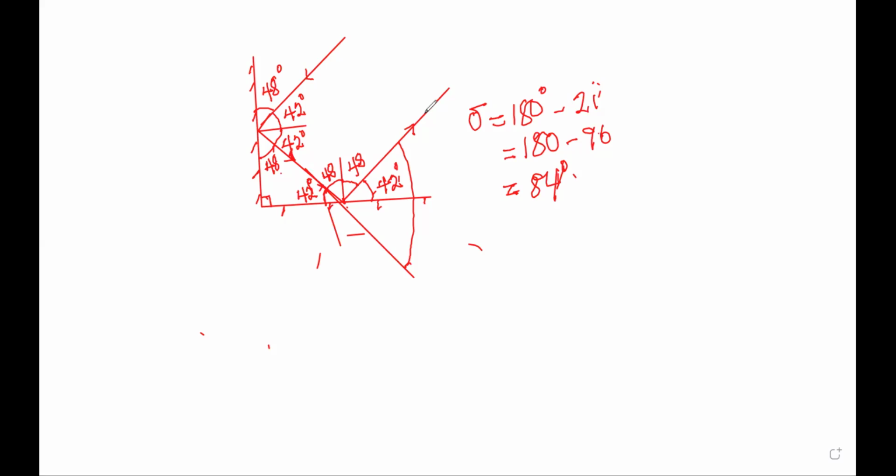Determine the image position, the nature of the image, the magnification, and the height of the image if the object is 30 centimeter in height. Start work. This will be 8 minutes. It's 3:54.